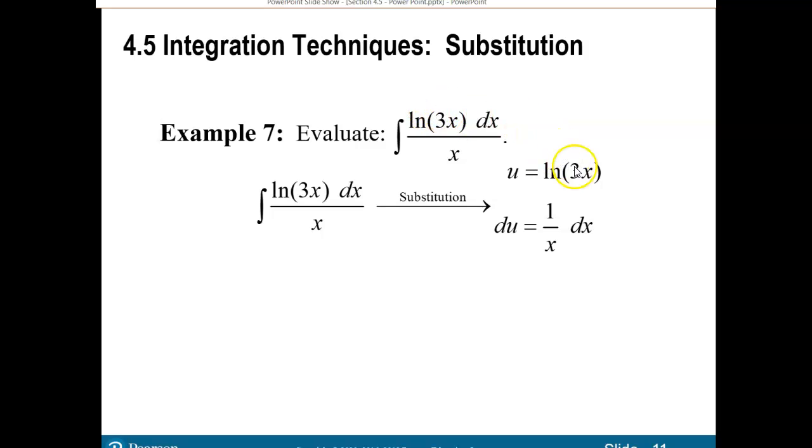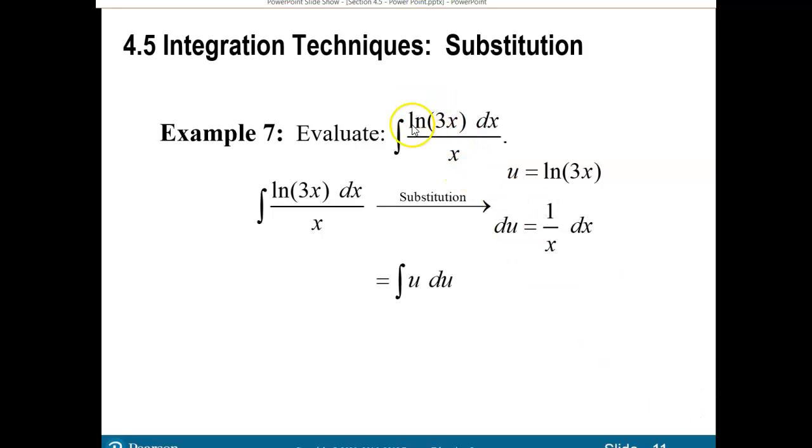And the reason is because if I take the derivative of natural log of 3x, we would get 1 over 3x, then times the 3, and the 3's would cancel. So I get 1 over x dx. Notice here, this is a 1 over an x and a dx. So that 1 over x dx, this dx over x part, that's my du.